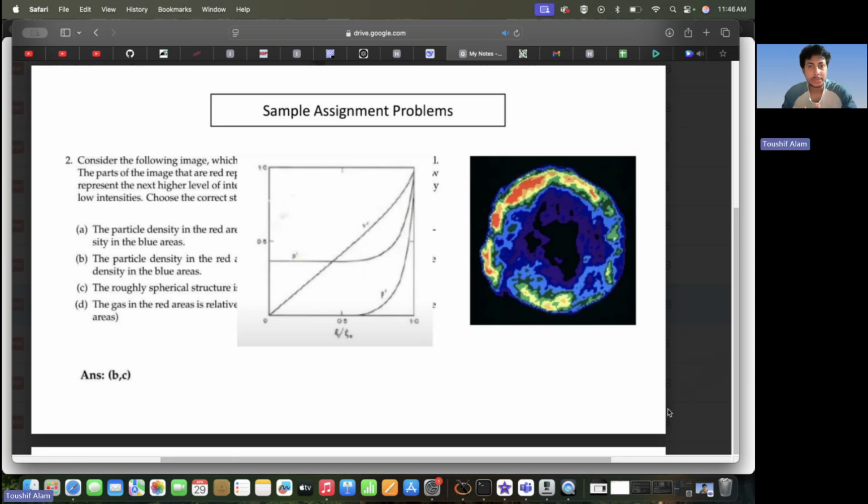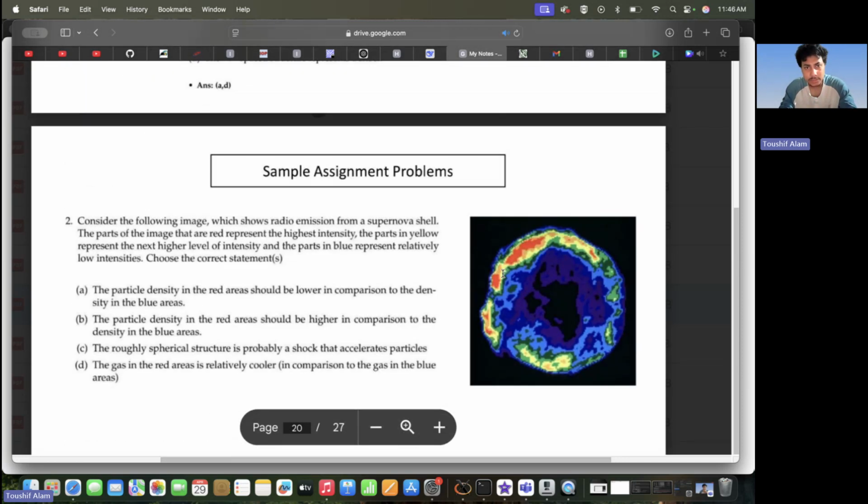Let's meet next time, and we'll talk about it more later, and about these different kinds of blast waves.